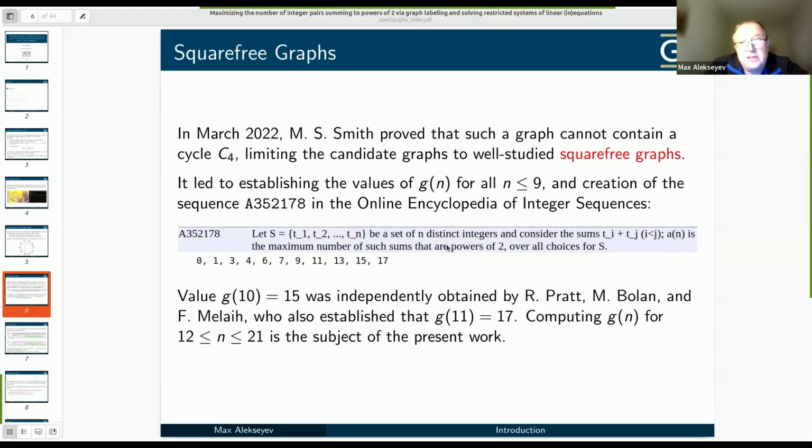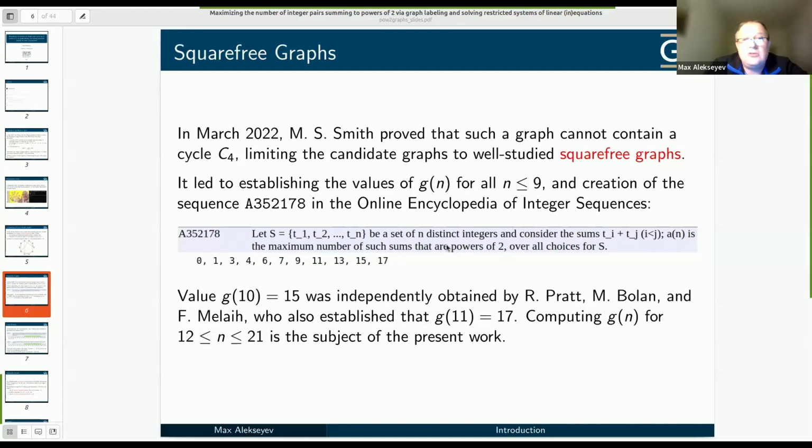So you can see here what it is. Actually, here we have 11 terms, but after the initial 9 terms, the value of the 10th term was independently obtained by Pratt, Bolen, and Meller. And Meller also established that the 11th term is 17.